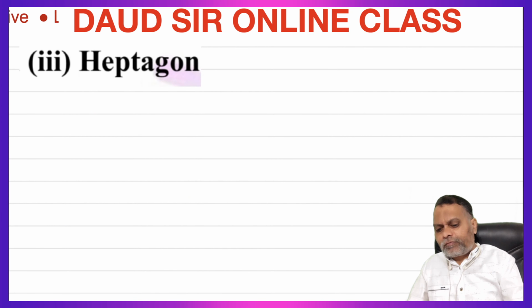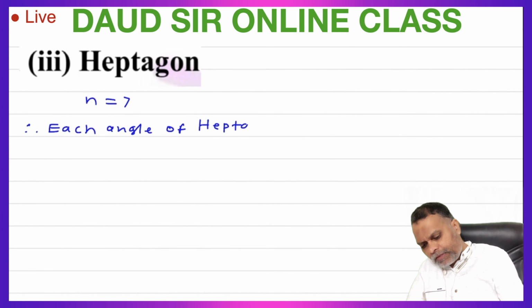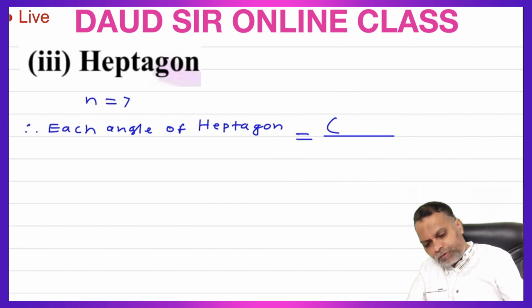For the third, heptagon. In a heptagon the number of sides is 7. Therefore each angle of a heptagon is equal to (n minus 2), 7 minus 2, into pi upon n, 7.